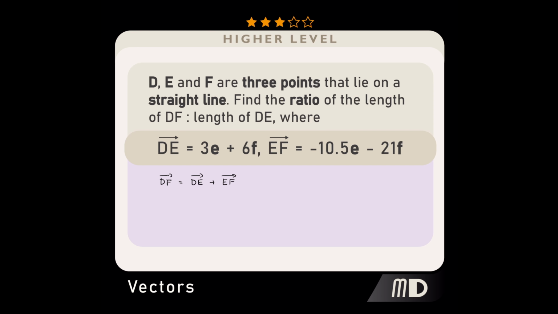So 3e plus 6f plus minus 10.5e minus 21f, which is equal to minus 7.5e minus 15f.